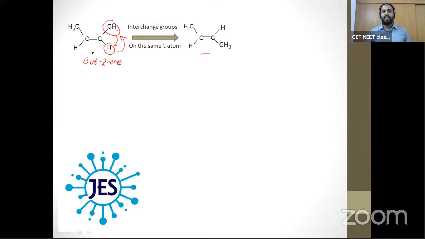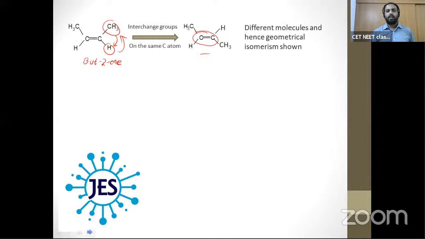Or in other words, I can say you have different spatial orientation for atoms around the double bond. Such isomers with different spatial orientation around the carbon-carbon double bond, you call them geometric isomers. See, different molecules, they are different molecules, hence they show geometrical isomerism.